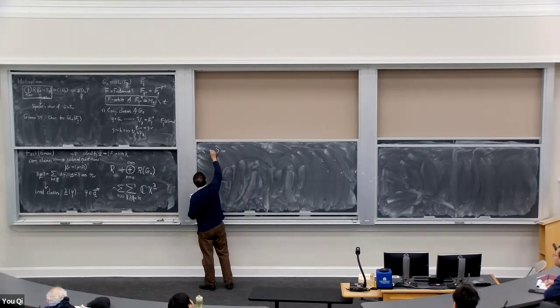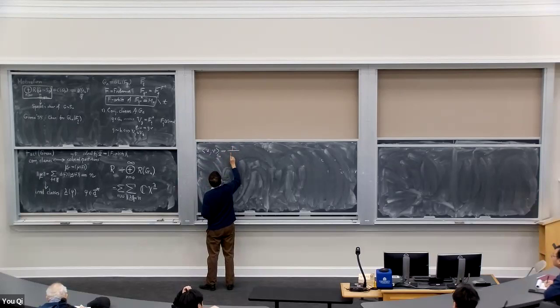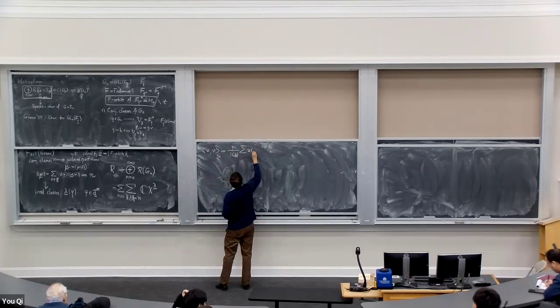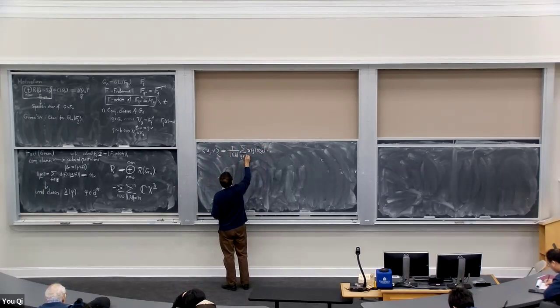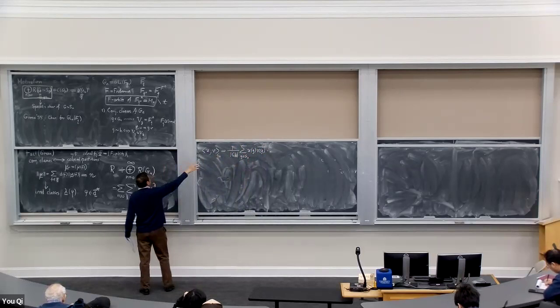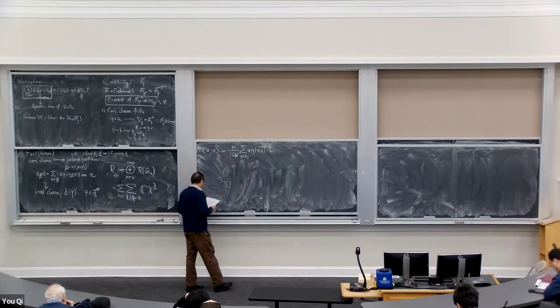So if I take the two class functions, we can define the homogeneous class function in the usual way, and then you extend this to this. So then you have this.